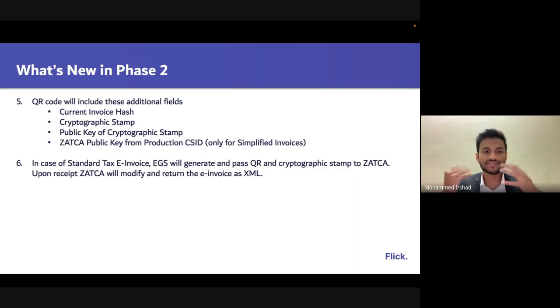Upon receipt, ZATCA in their portal will modify it. Modify what? The QR and cryptographic stamp, and return the e-invoice as XML format. So this XML will be received back by EGS. It will be decrypted, made into a PDF A3 format, and sent to the ERP for printing. So this is all that's happening in phase 2. The workflow and everything will be coming up in the next slide.